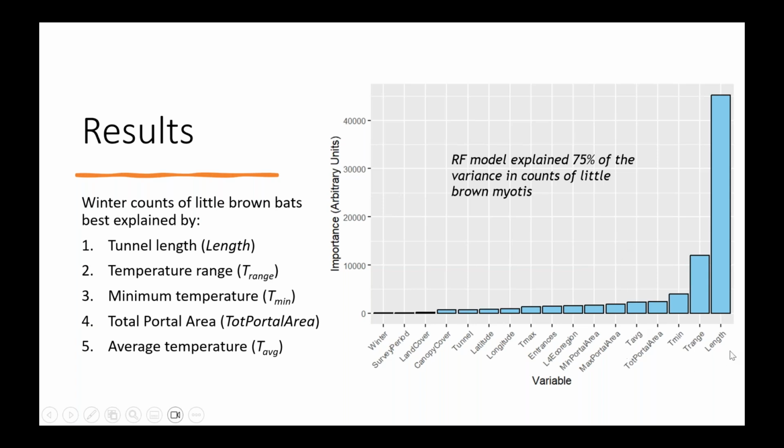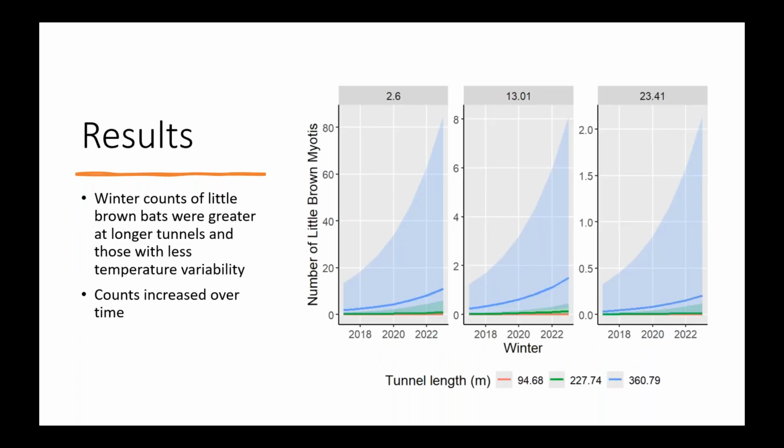So we ran this random forest model. You can see that we see two variables right away, one structural, one temperature, that really drive a ton of variation in the system, followed by a pretty steep decline in variable importance. But we still took these top 5 variables and created a suite of generalized linear models and let that process guide us in terms of what variables explain bat counts.